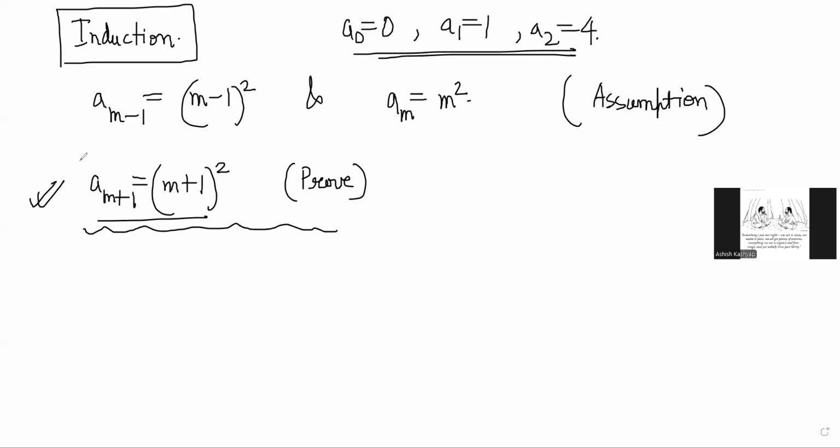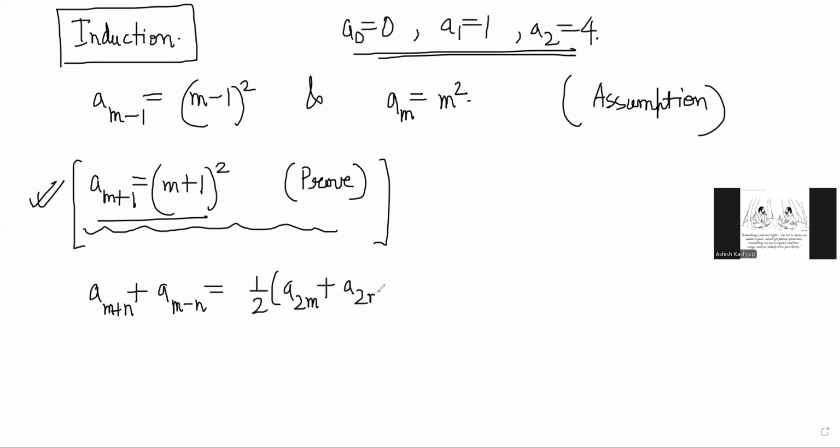This step is not very difficult if you use the condition given in the question. We can say that A(m+n) + A(m−n) is equal to half of (A2m + A2n). Here you can put n equal to 1.